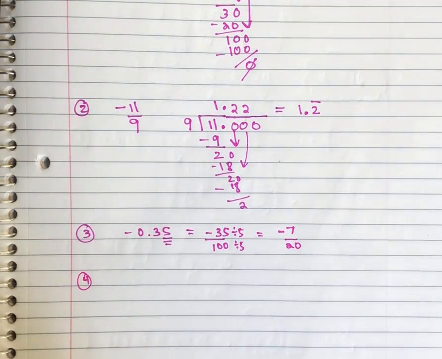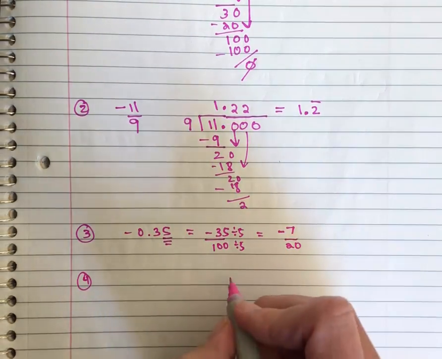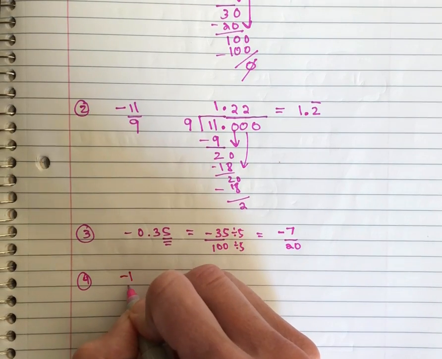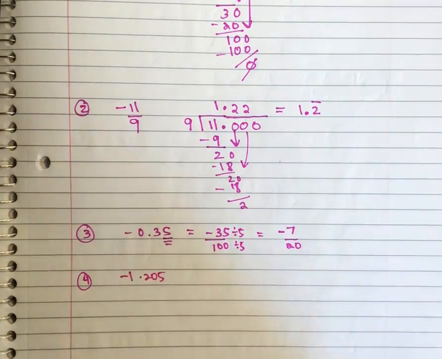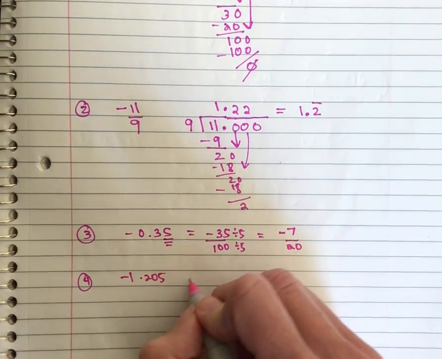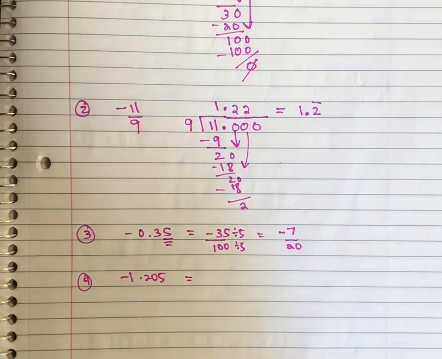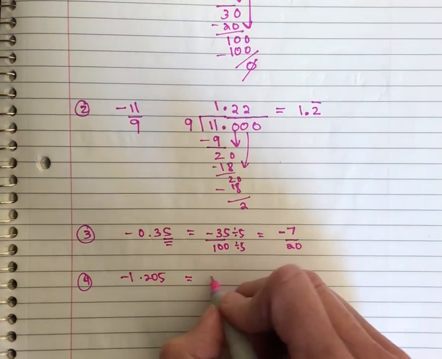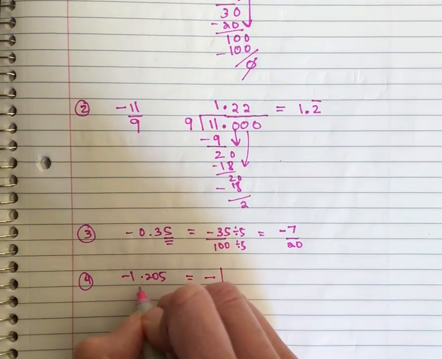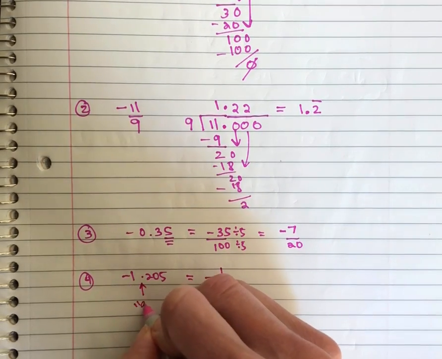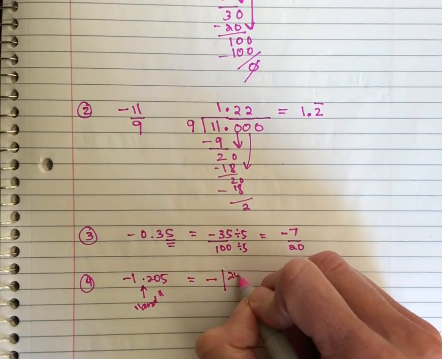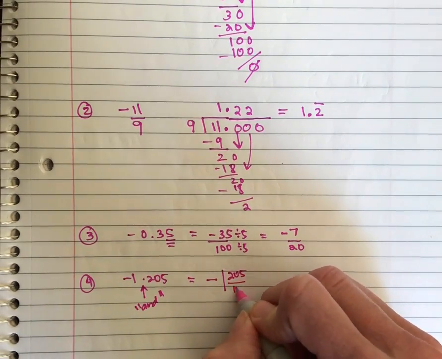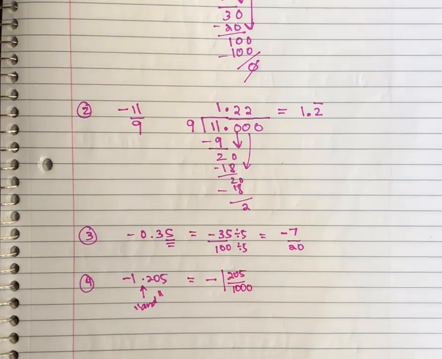Number 4. -1 and 205 thousandths. So we write it just as we read it. -1 and, that's our decimal point, -1 and 205 thousandths.